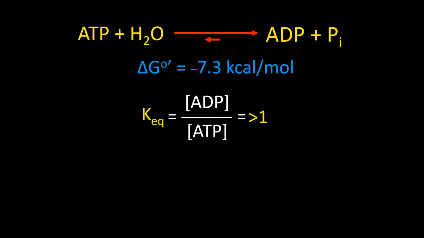Meaning to say that if there are already a lot of ADP and very few ATP, this reaction is going to reach equilibrium. Meaning to say there will be no visible reaction happening. But we don't want that in our cells.